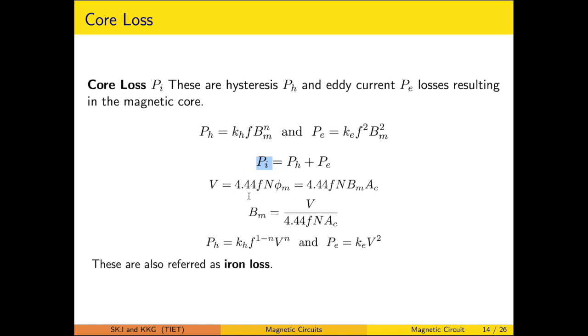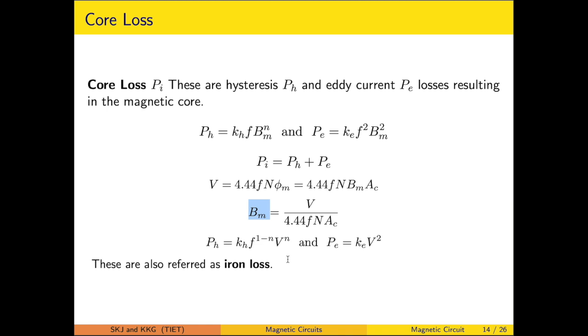When we are working with a coil wound on a magnetic material and supplied by an alternating current, the voltage is related by this particular value, 4.44 f phi n. We will discuss this in detail in the transformer case. Correspondingly, the Bm can be obtained.